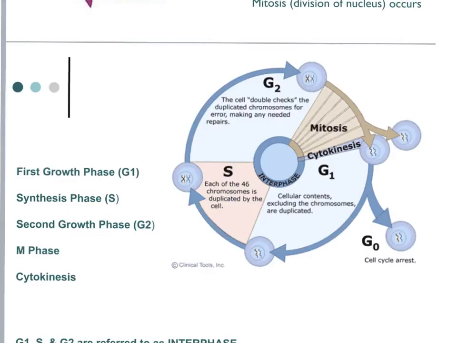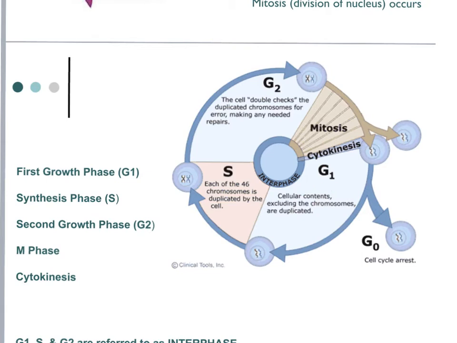MAT. So here is another slide showing us the cell cycle again, but in a little bit more detail this time, or a little bit different detail. So here we have G1, followed by S, followed by G2, and mitosis. Notice G1 was where we grow and sort of duplicate all of the contents of the cell.